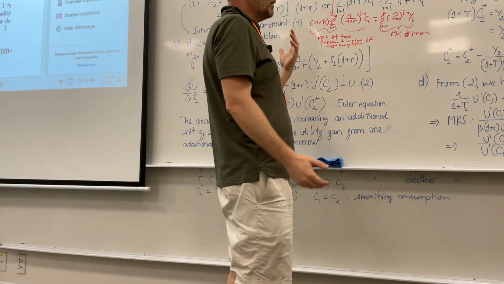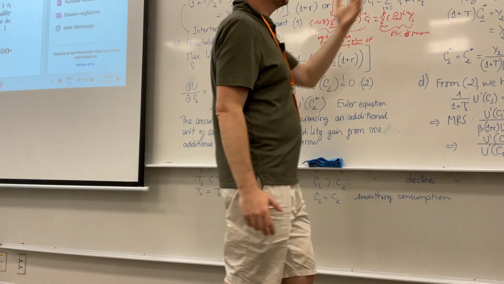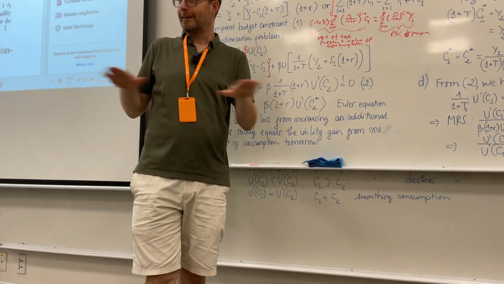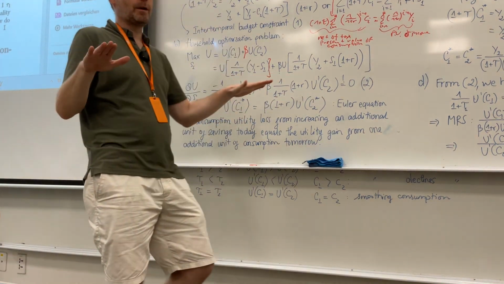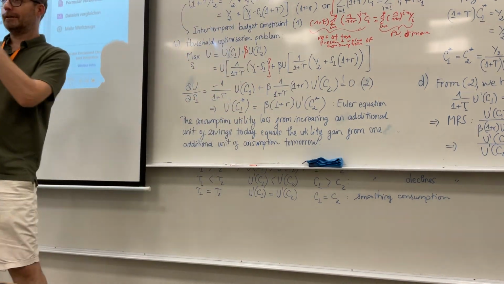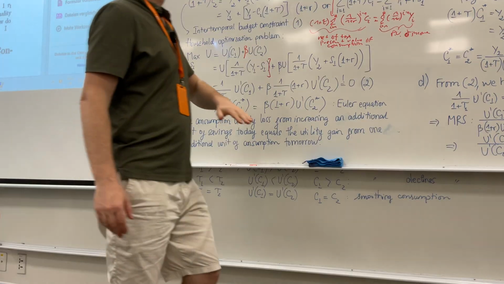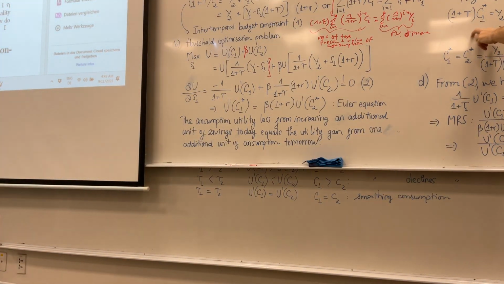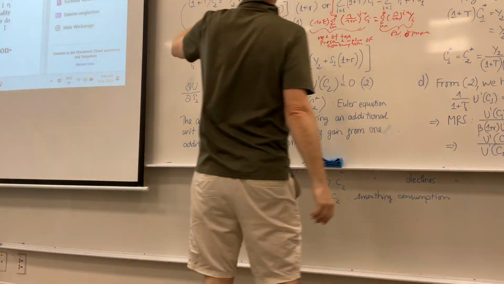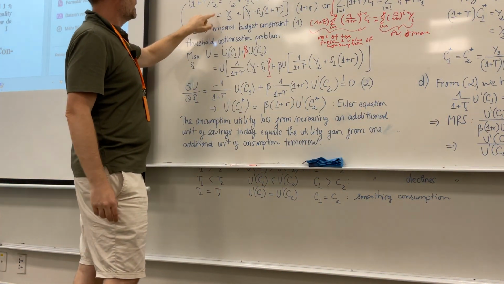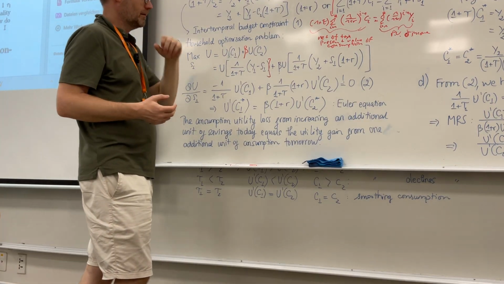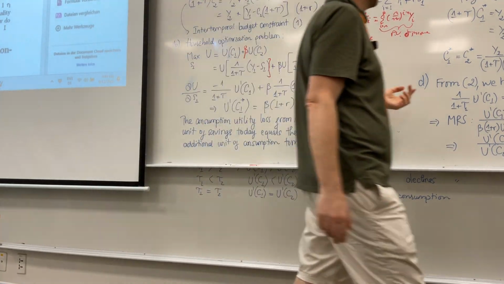And now, as soon as you know that they're the same, but wait a second, what does this mean, same? Smoothing. Our household is going to smooth across periods. It's going to smooth perfectly. One coffee every day. Now we can replace C2 and C1 with just C, some constant consumption.